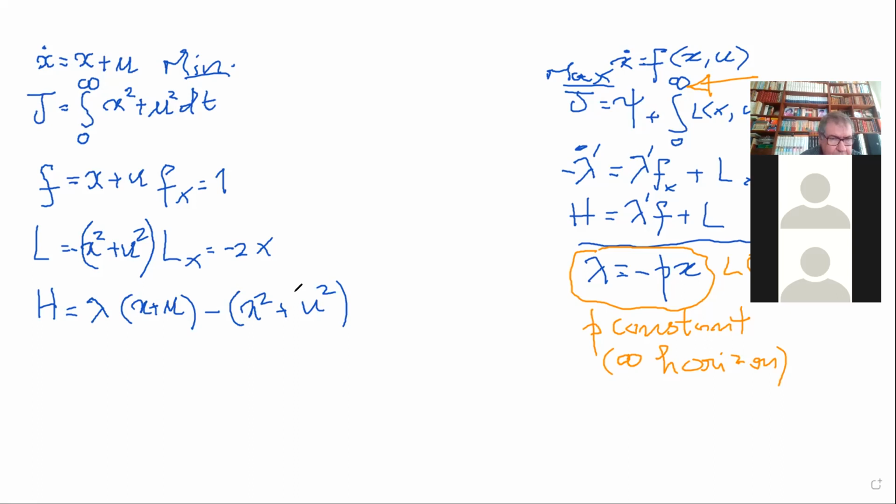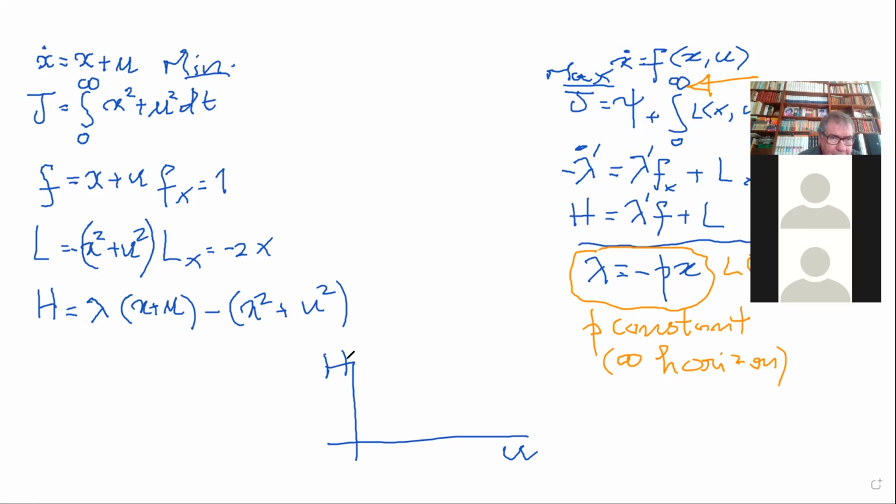Everybody agrees with this? Now, I want to maximize. What type of function is H as a function of u? Remember, the big trick is that instead of optimizing with respect to the entire function u, you take a snapshot at a general time t, and you maximize H as a function of u.